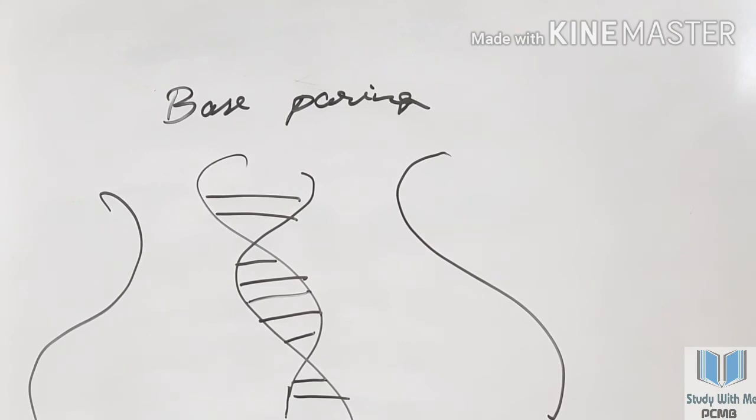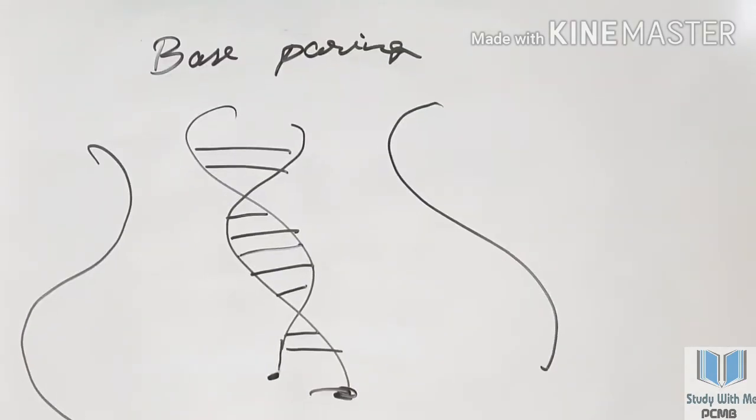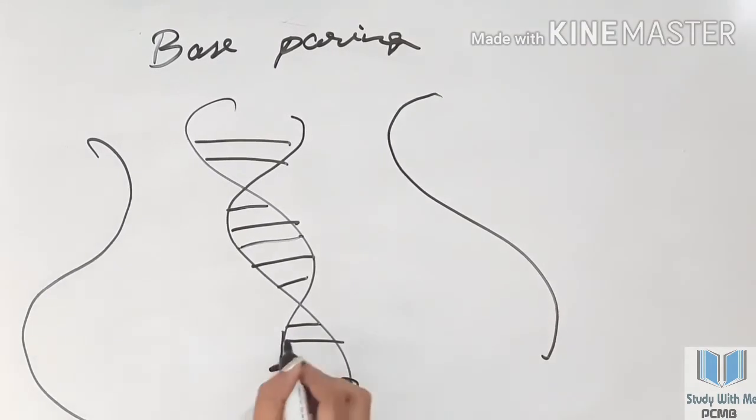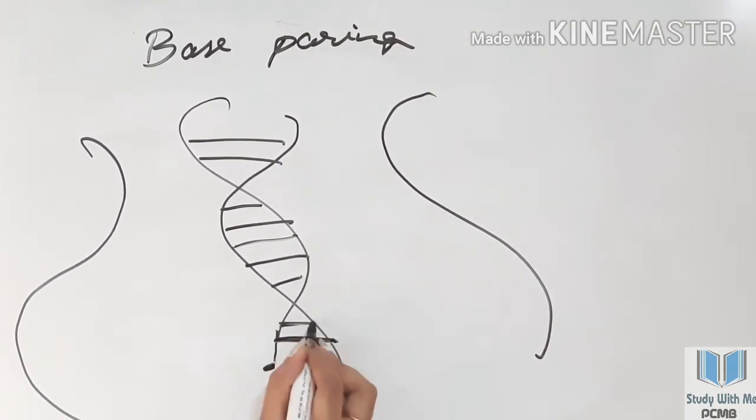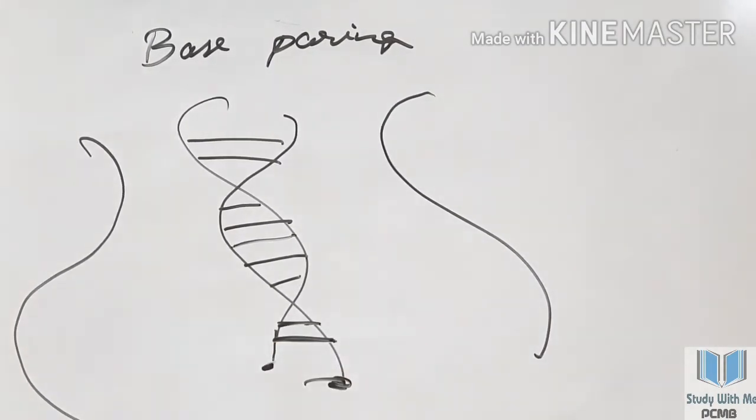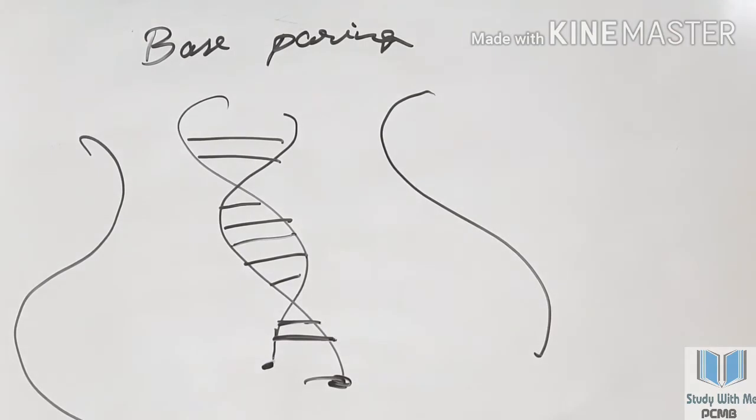The hallmark was base pairing between two strands of the polynucleotide chain. This is a polynucleotide chain. This is also a polynucleotide chain. And there is base pairing between these two polynucleotide chains. So this much is there in this discovery.